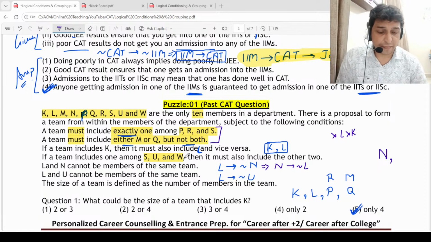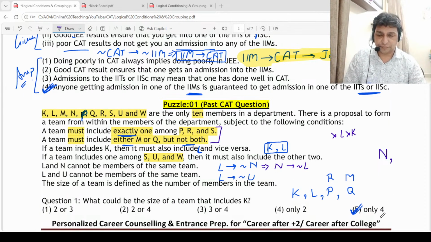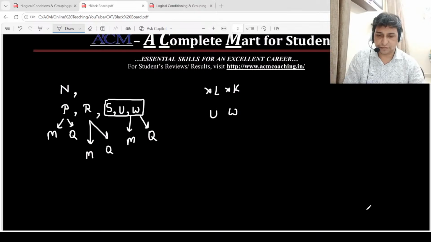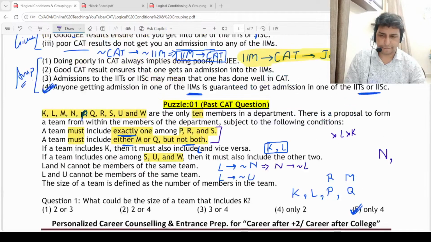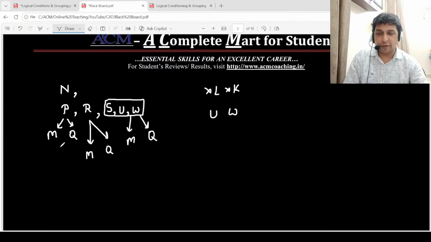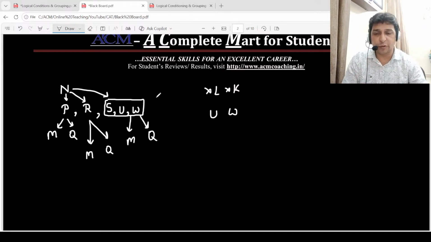Now let's see how many configurations we can have. The options we have are 2, 3, 4, 5, and 6. So till now we got 6 teams: NPM, NPQ, NRM, NRQ, NSUWM and NSUWQ.